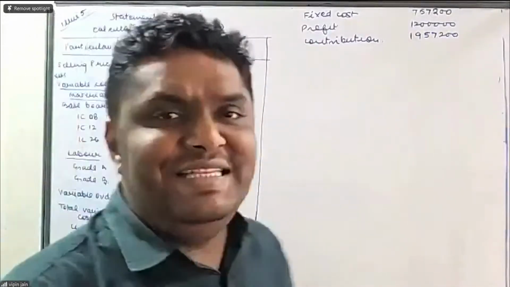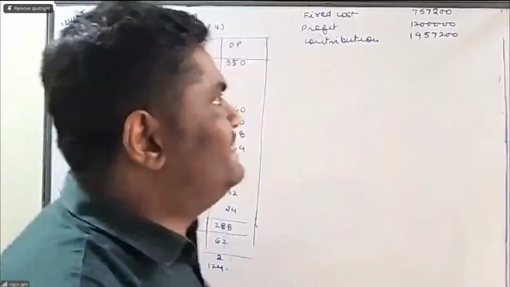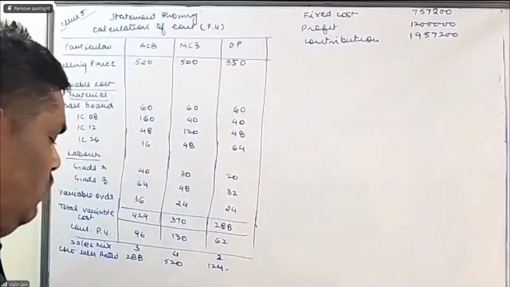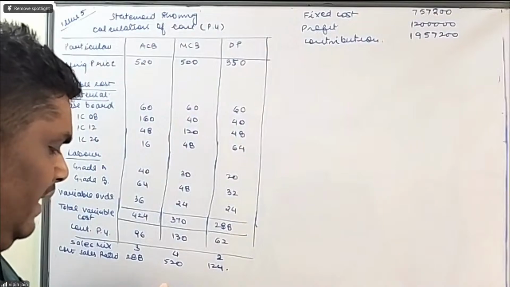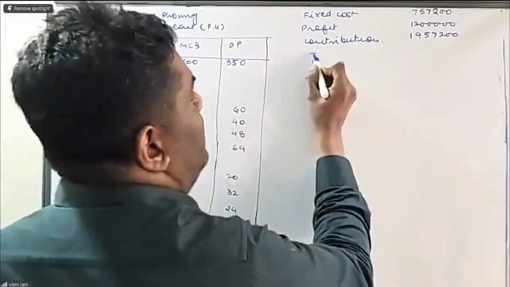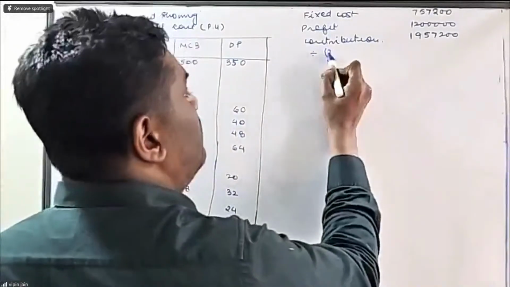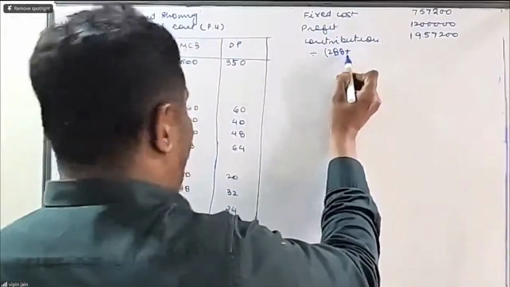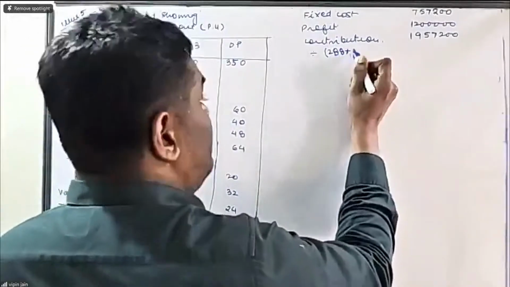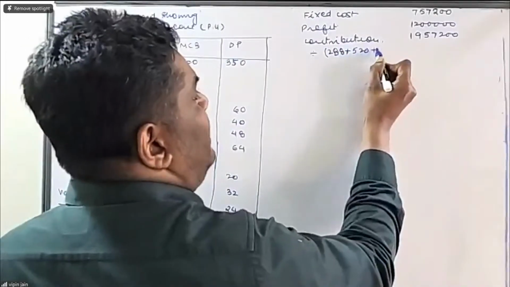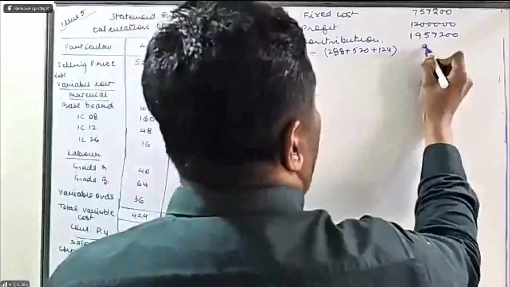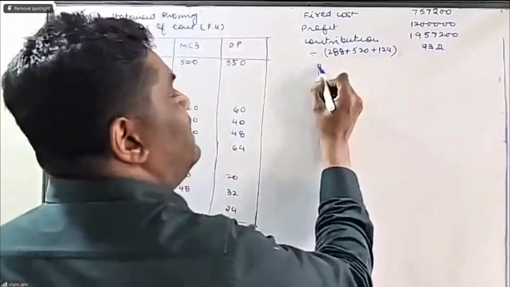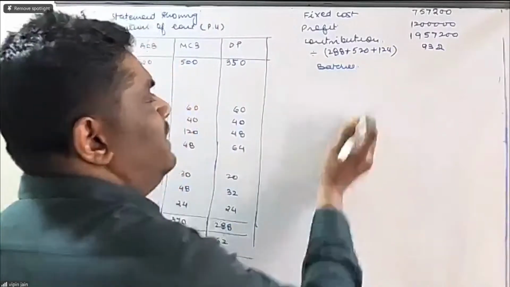So we can easily calculate the number of units. We will divide this by the total, that is 288 plus 520 plus 124, that is 932. If we divide it by 932, we'll get the number of batches or whatever it is.